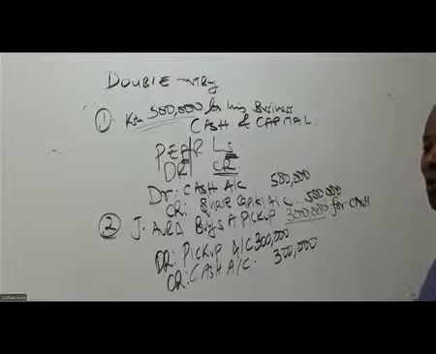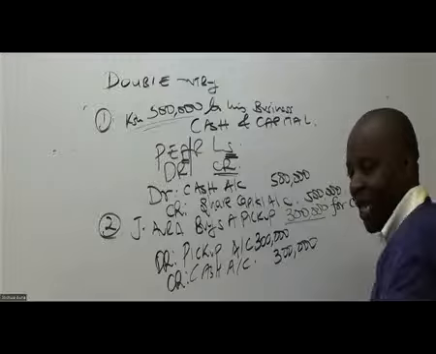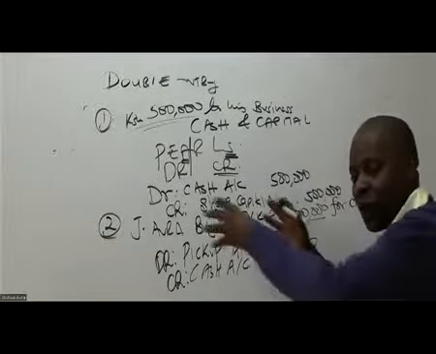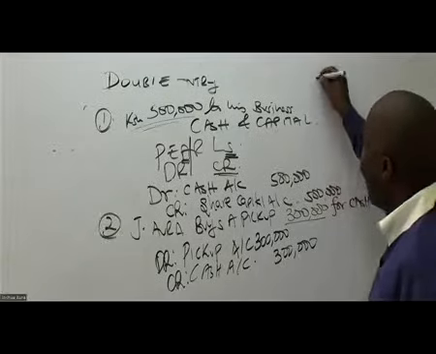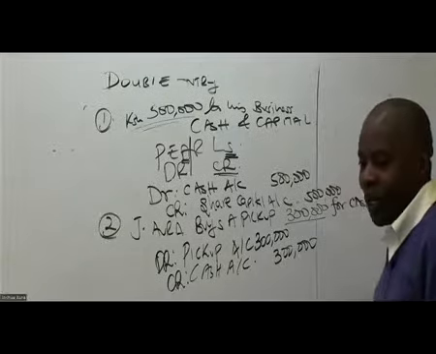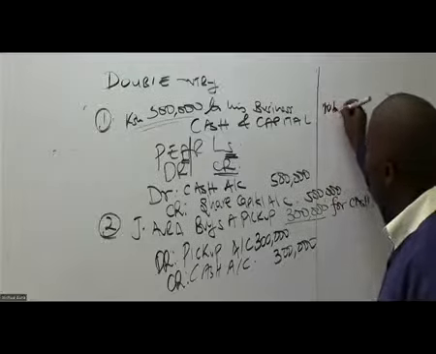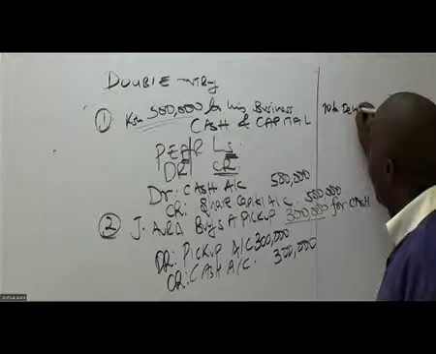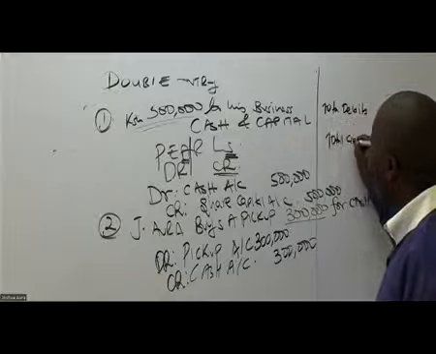Now, I want you to listen very carefully. Assuming you were to stop here, assuming these are the only transactions we had in the whole year, then at the end of the year I'll extract what we call a trial balance. In the trial balance, I'll get the total debits versus the total credits.